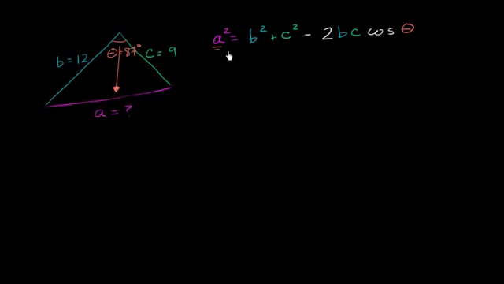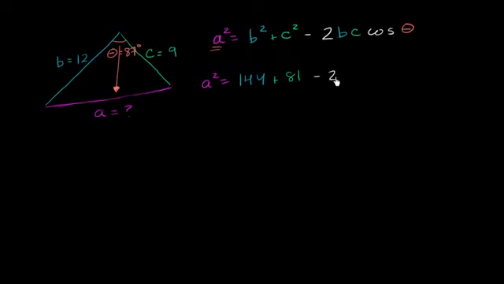So now let's solve for a, because we know what b, c, and theta actually are. So a squared is going to be equal to b squared, so it's going to be equal to 144, plus c squared, which is 81, minus 2 times b times c.